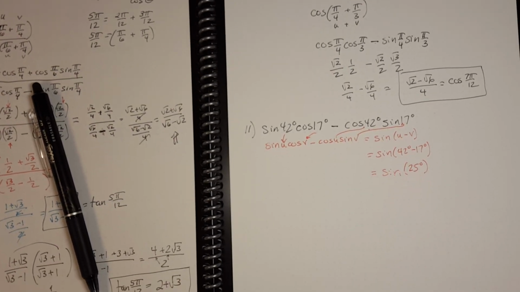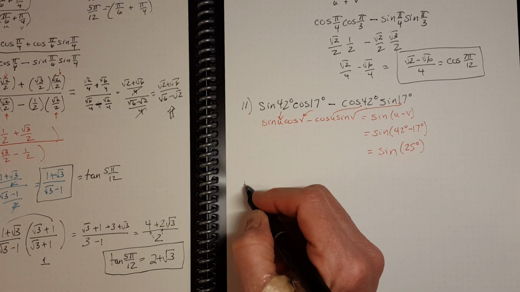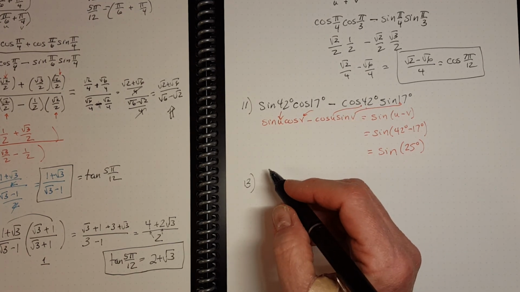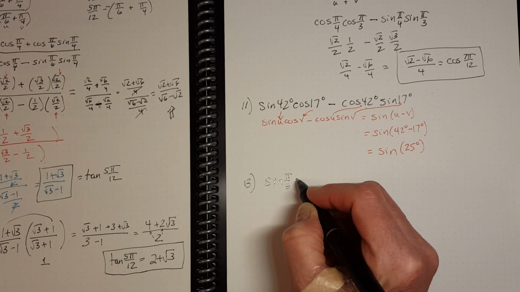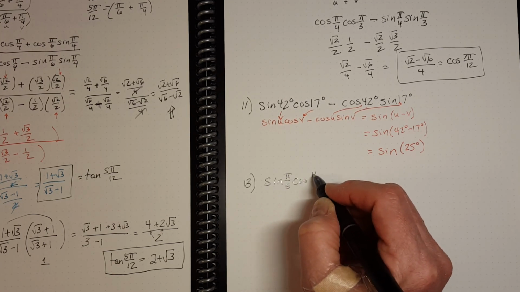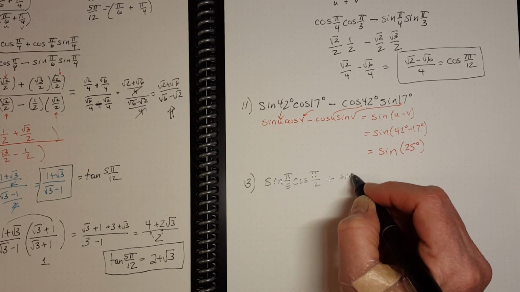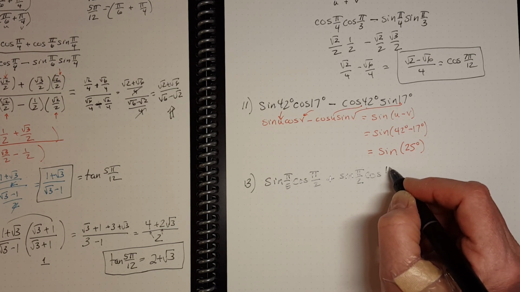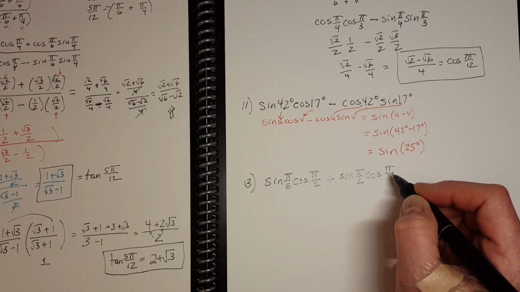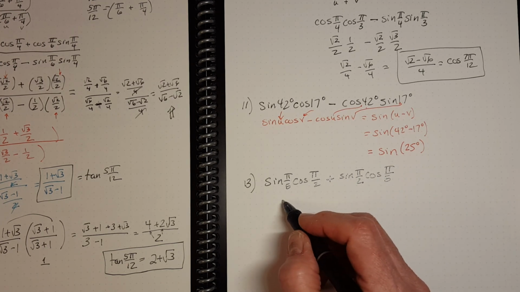Okay, and then we'll do number 13, very similar to that one. So 13 says find one sine or cosine that's equal to sine of pi over 5, cosine of pi over 2, plus sine of pi over 2, cosine of pi over 5. Okay, so this is a sine of u plus v.